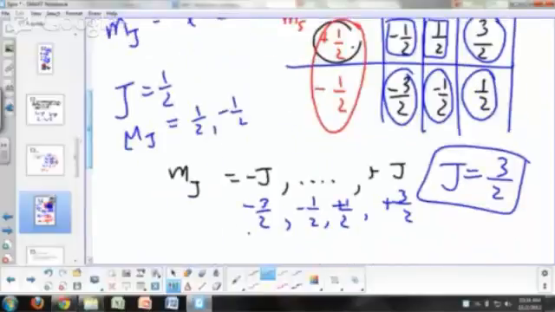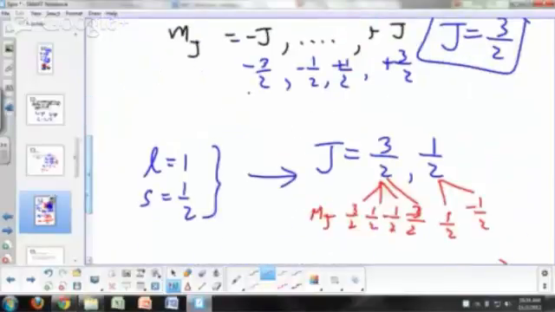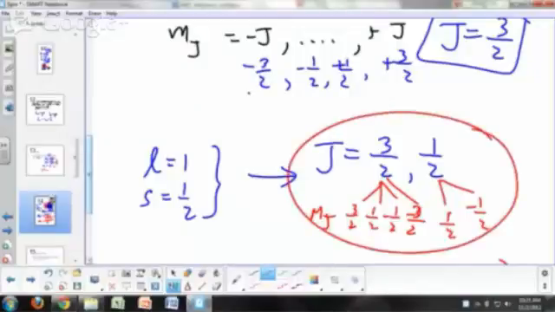Okay? How are those 6 ways different? They're different in terms of their angular momentum. You can think of them in terms of m sub L and m sub S, or you can think of them in terms of J and m sub J. In fact, what's going to happen is this J and m sub J right here will be more accurate for the treatment of this one electron system.